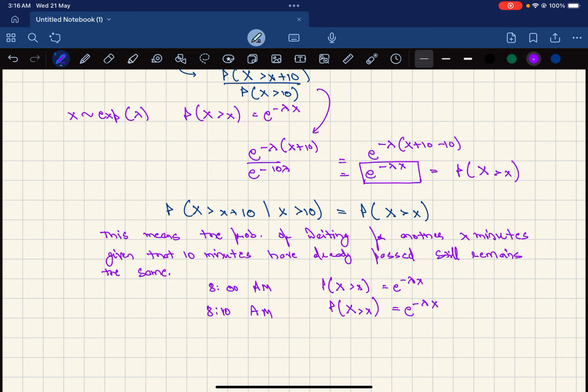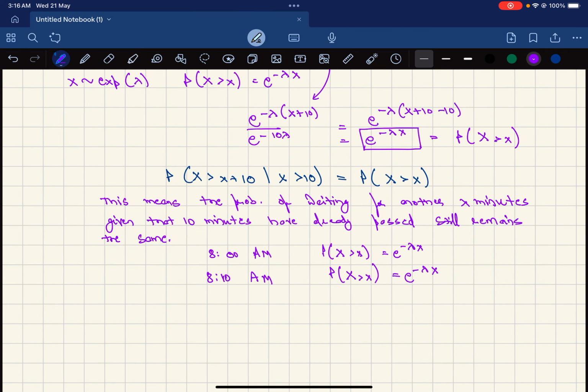That is also why this is called the memoryless property of an exponential distribution, because it does not care how many minutes have already passed, and the probability distribution of the waiting time still remains the same.